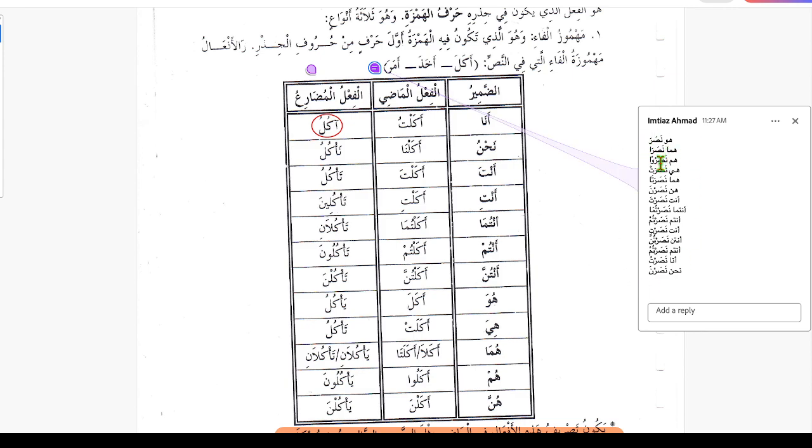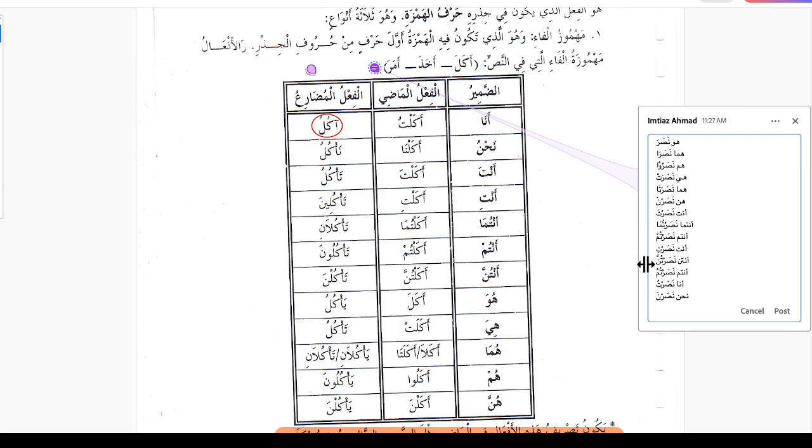Huwa nasara, huma nasara, hum nasaru. It is the conjugation. Hiya nasarat, huma nasarata, hunna nasarna, anta nasarta, antuma nasartuma, antum nasartum, anti nasarti, antuma nasartuma, antunna nasartunna. I think something is wrong here.